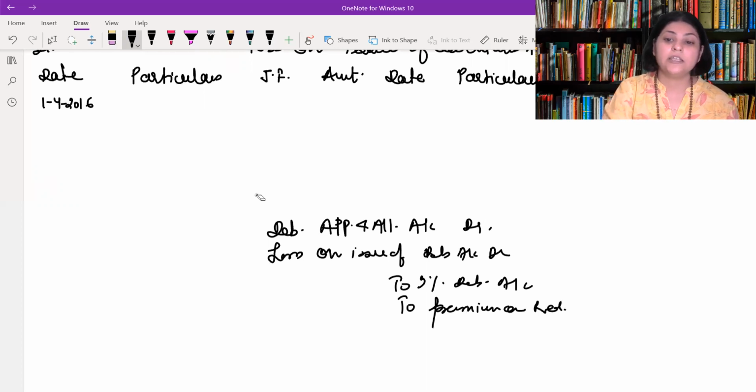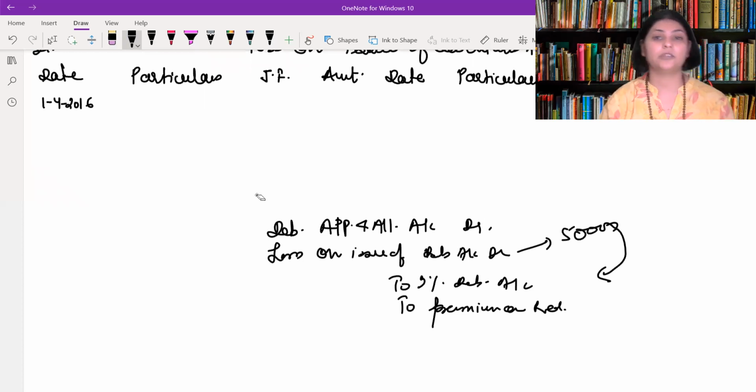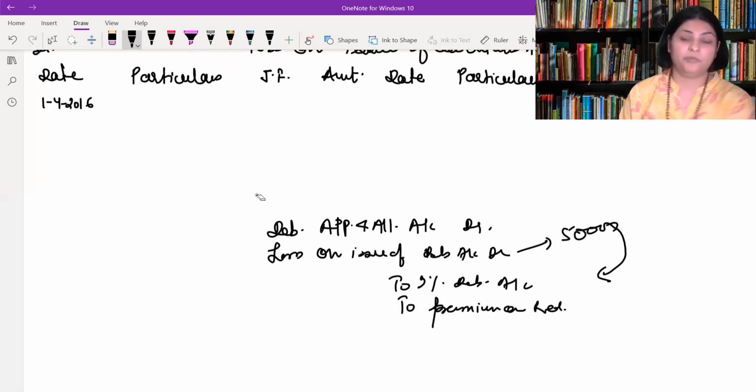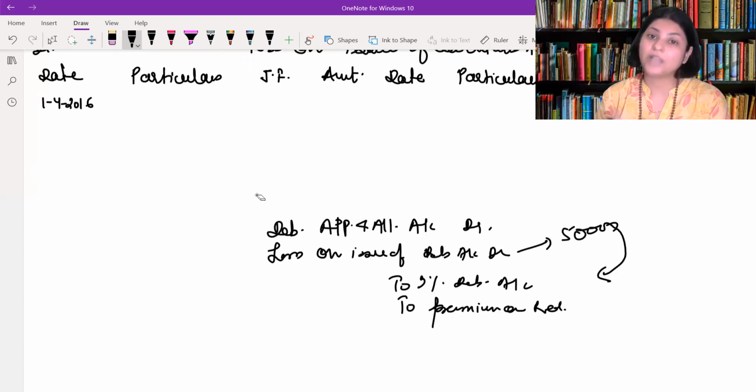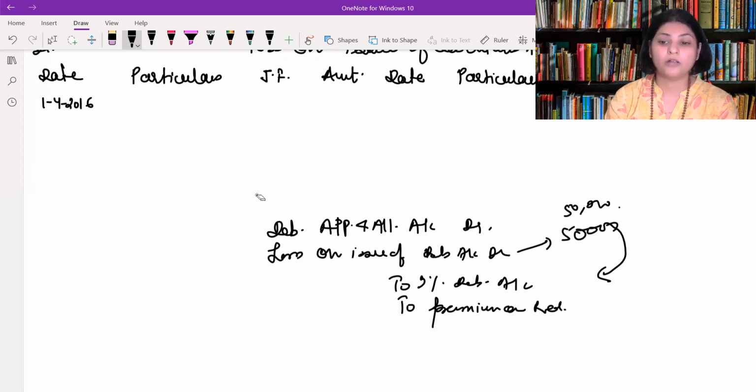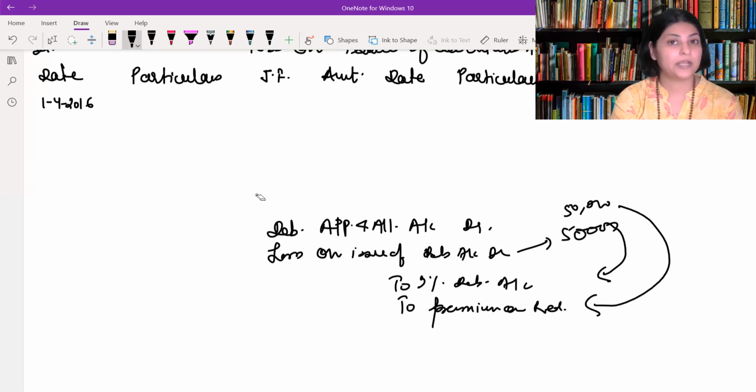In this, 5%, meaning 50,000, belongs to the discount on issue of debenture, because you do not write the reduced value on the credit side. You always write the face value of the debenture on the credit side. And another 50,000 belongs to the premium on redemption of debenture. So how am I going to pass the entry when I post it into the ledger?